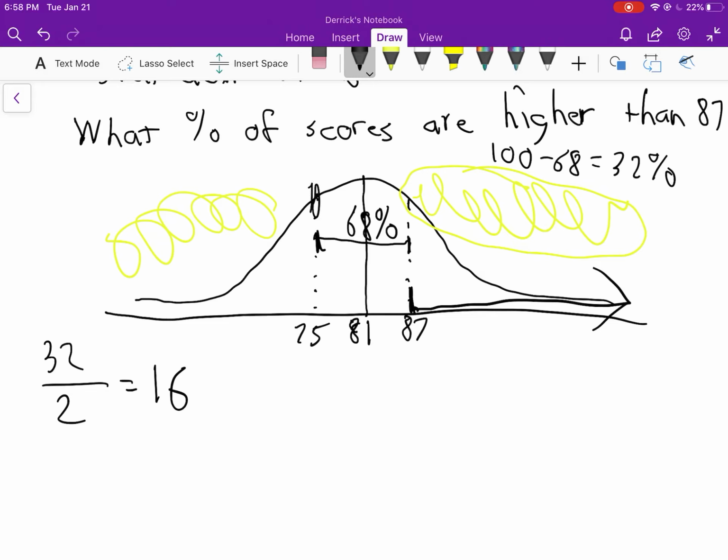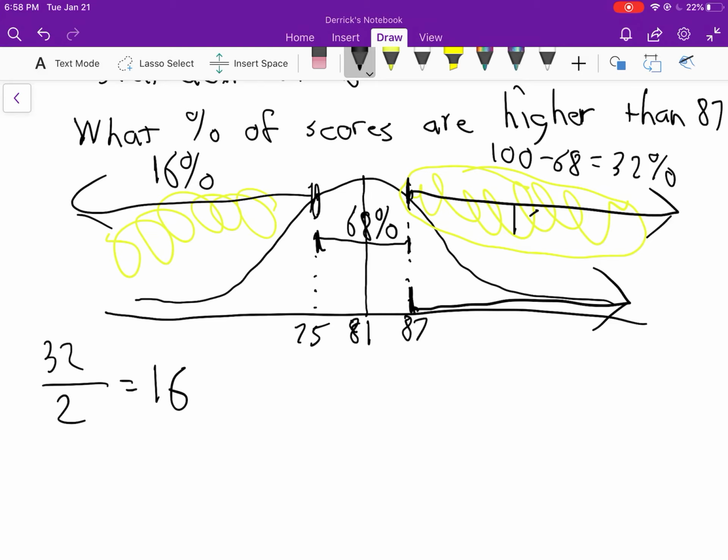So from here over is 16%, and from here over is 16%. Well, that's all I needed. I just needed to know what percent of scores were higher than 87. So 16% right here, that's my answer for this problem.